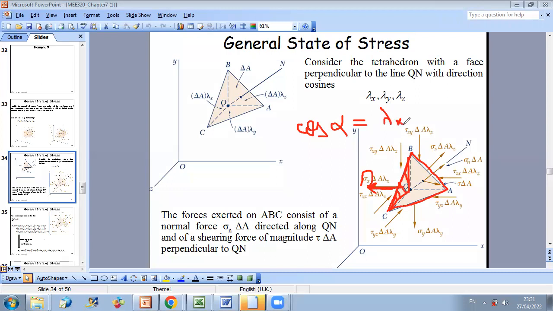So you know that this area, for which x-axis is the unit vector, will be equal to delta A perpendicular to x, which is delta A of face ABC times cosine alpha, and cosine alpha is equal to lambda x.